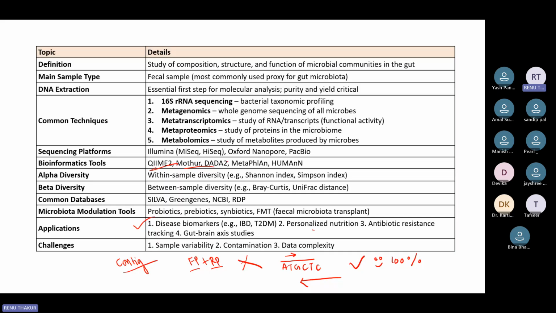Now, the challenges are sample variability, because we have a lot of samples. If you are isolating the gut microbiota, you can recall that our gut is full of different kinds of microorganisms. So how will those microorganisms be handled? It is very difficult to maintain sterile conditions, so that no cross contamination happens. We have millions of bacteria, A, B, C, D, 1, 2, 3, 4, likewise.